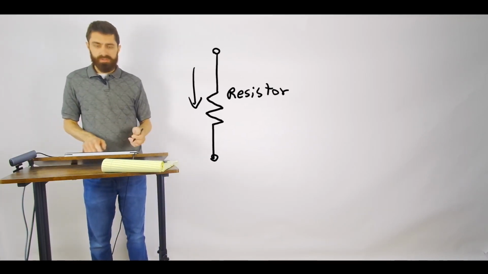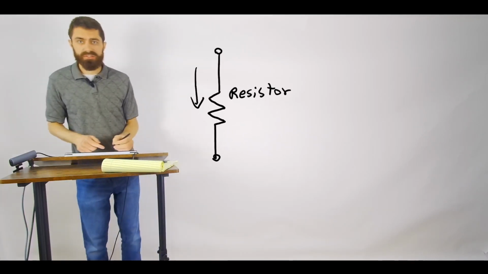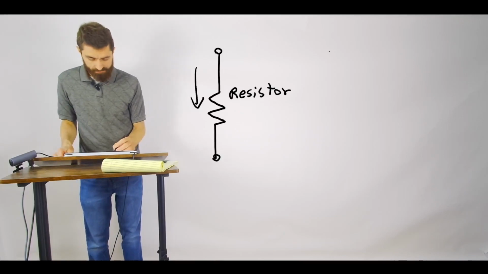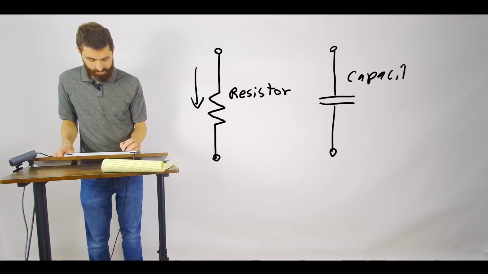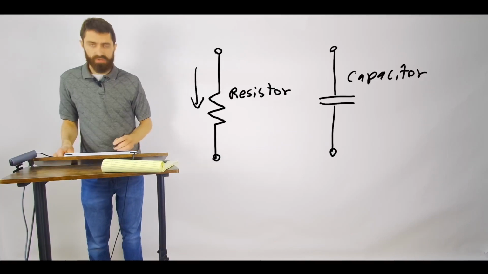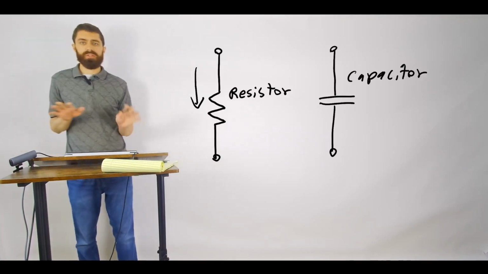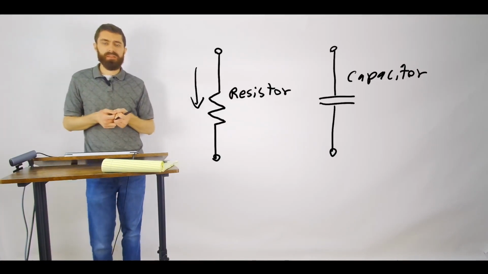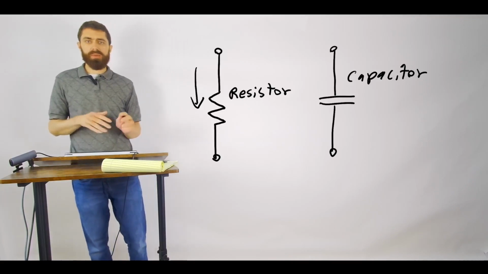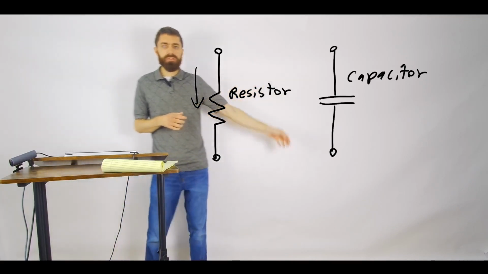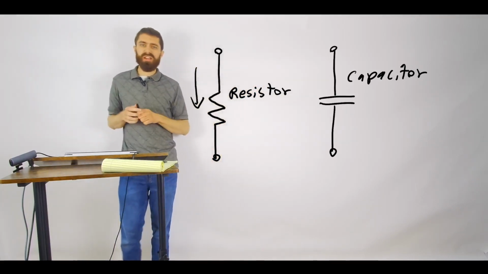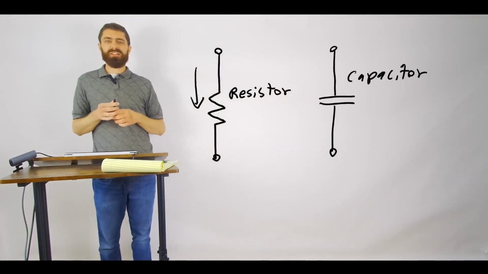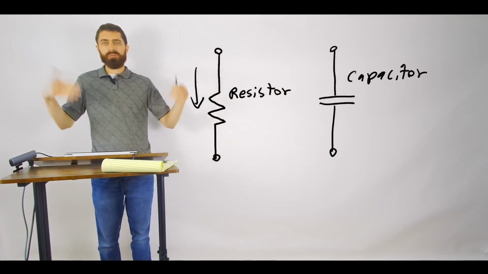Another component that you'll definitely see in this course is a capacitor. And I would encourage you on your own time just to Google these things, resistors, capacitors, so you can get an idea of what they actually look like. But these are the schematic symbols. We'll talk more about capacitors, but essentially they're devices that can store electric charge and then quickly release it.